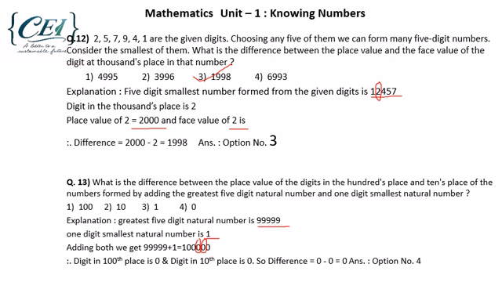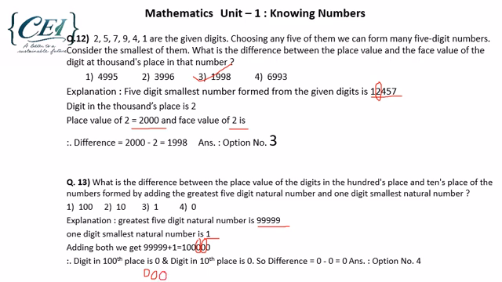So place value at hundreds place, what is the place value? If the digit is 1, then the place value is 100. But if the digit itself is 0, then what is the place value? 0.